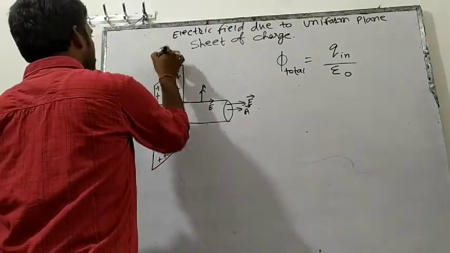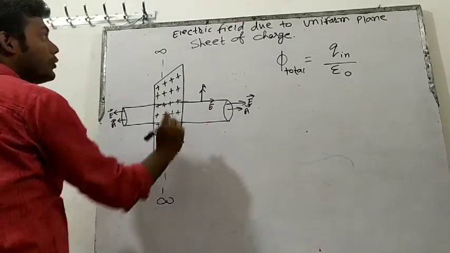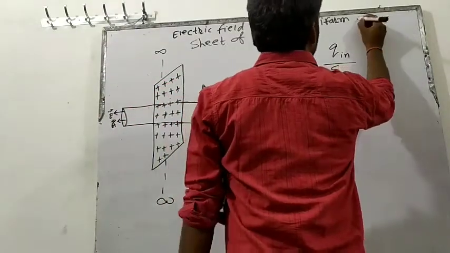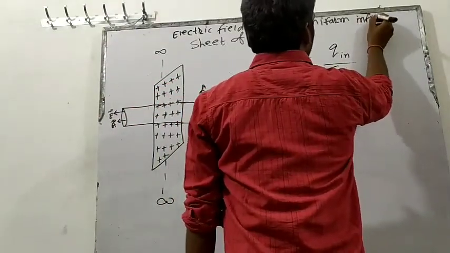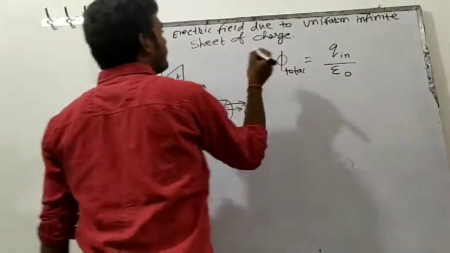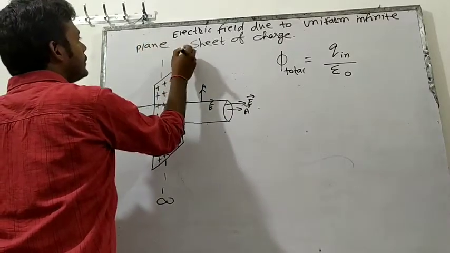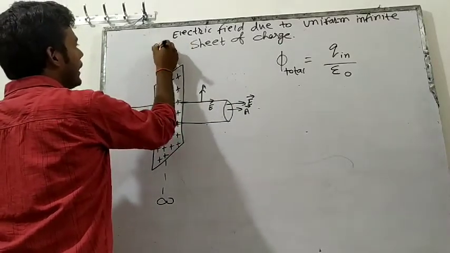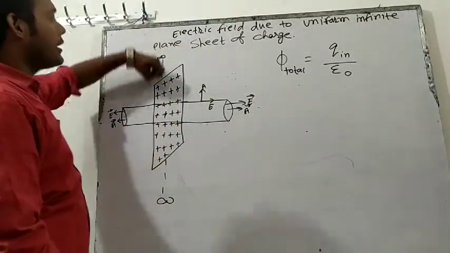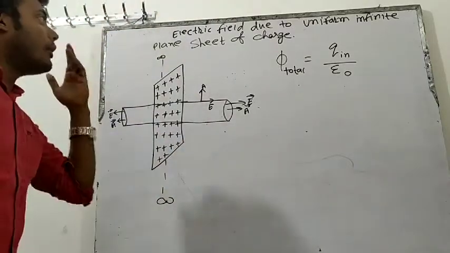This plane sheet is also infinitely long. That means it will go up to infinity upward and also infinity downward.